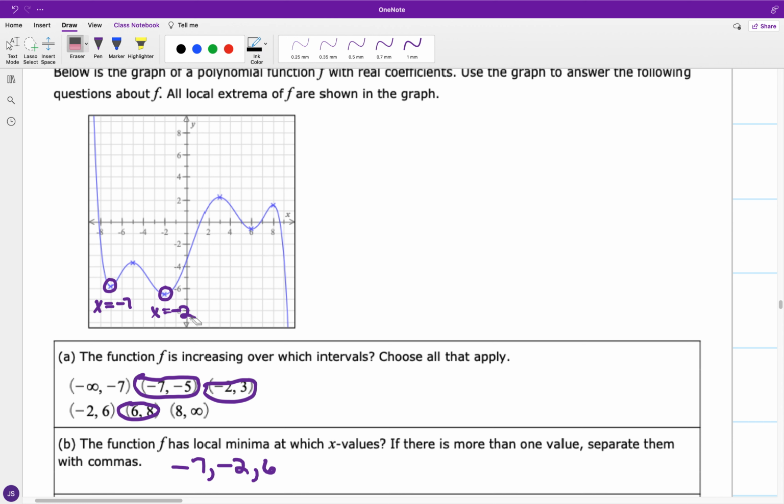Now, in the next item, we have: what is the sign of the leading coefficient of the function? The way you can go about this is to look at the end behavior.